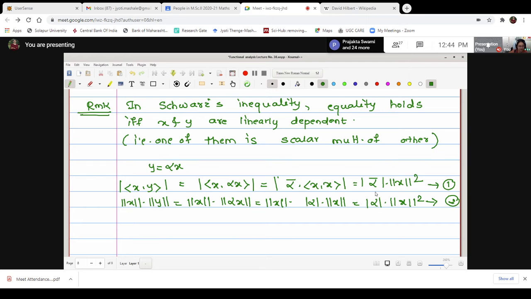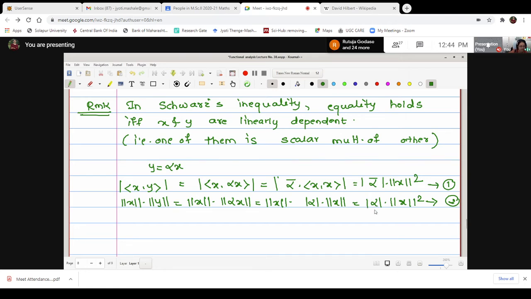But what about their modulus? Equal, because mod alpha will be under root a square plus b square, and mod alpha bar will be the same, under root a square plus b square. Therefore these two values are the same.